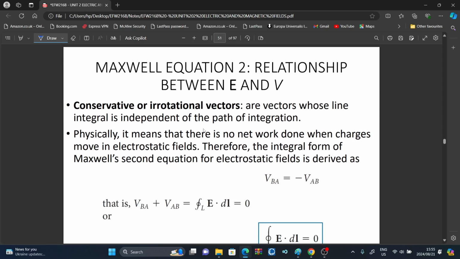Now we come to Maxwell's equation 2, or the relationship between E and V. In the simplest terms, the relationship between your electric field and your potential or your voltage is that if your electrical potential V changes a lot over a short distance, so let's say the distance is almost 0, then the voltage will be high and your electric field will be strong.